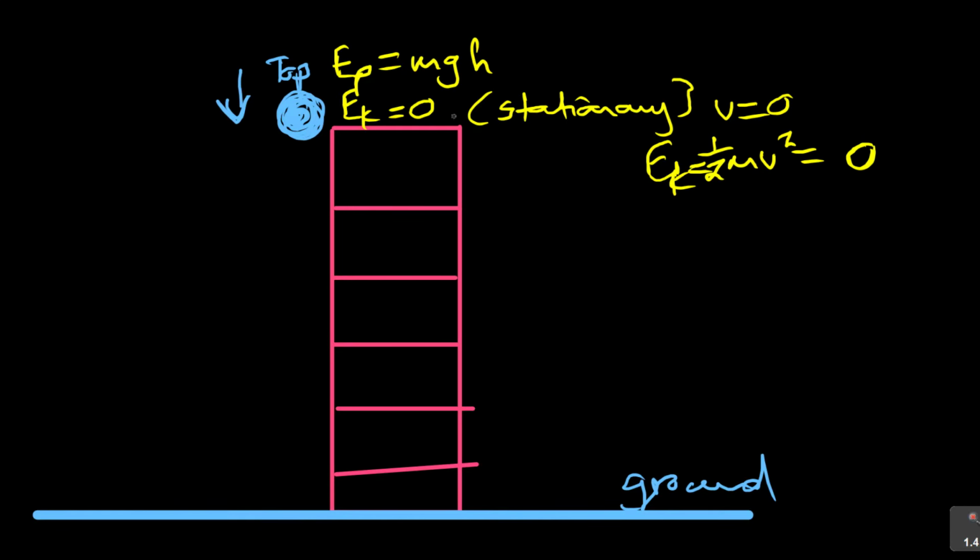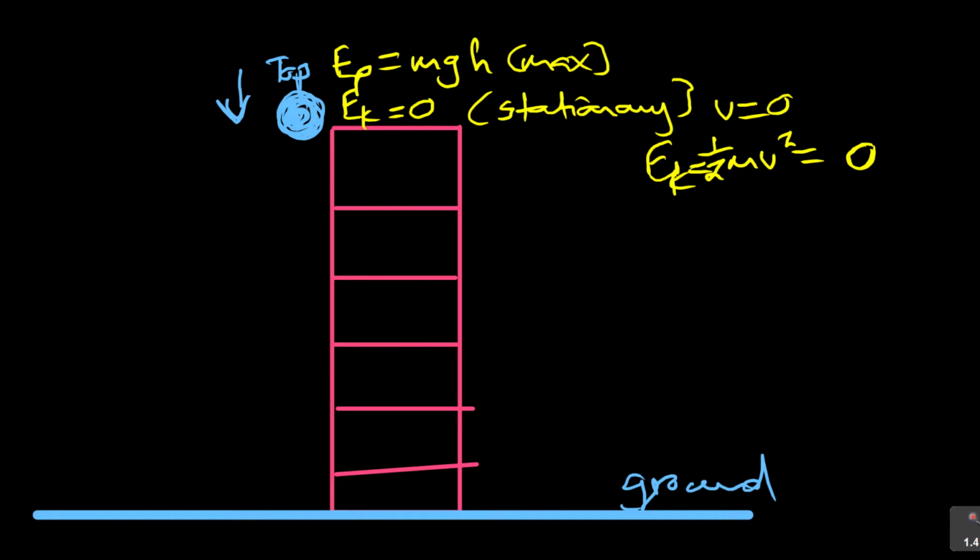So the object at the top has no kinetic energy. That is what they're trying to get information from you. Do you know that at the top, before the object starts falling, the kinetic energy is equal to 0, but it possesses potential energy, and this is the maximum potential energy. Why?